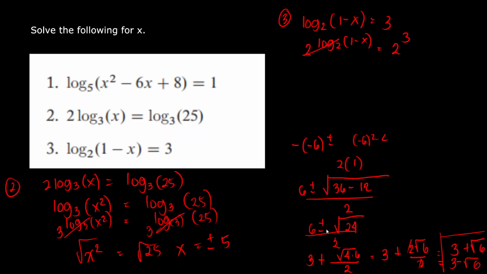So, ito mawawala, magiging 1 minus x is equals to 2 cube. Okay. So, x, lipat natin, is equals to 1, lipat natin sa kabila, minus 2 cube. So, 2 times 2, 4 times 2, 8. 1 minus 8, so x is equals to negative 7. Okay, so that is our final answer. So that is how you solve for x when it comes to logarithms.